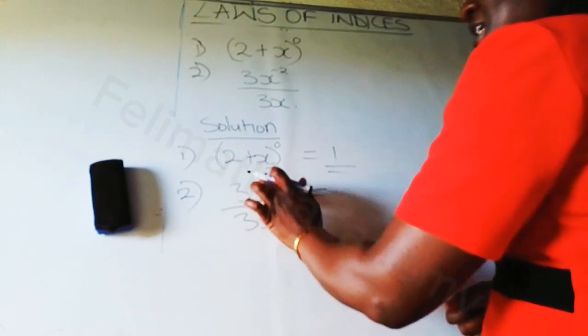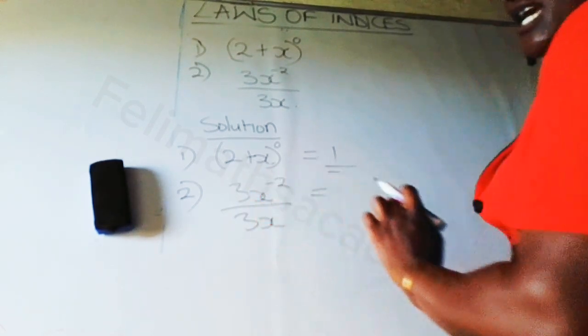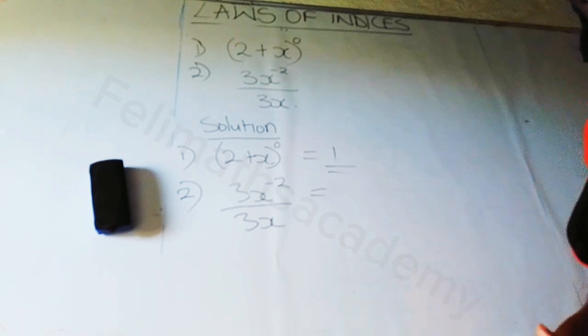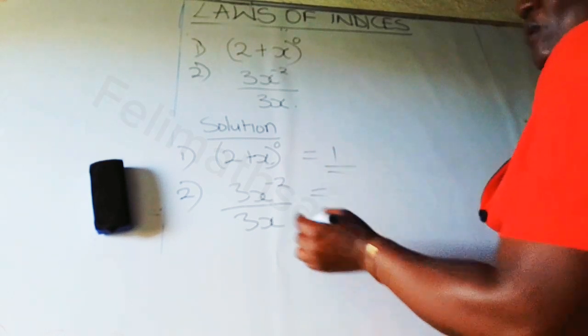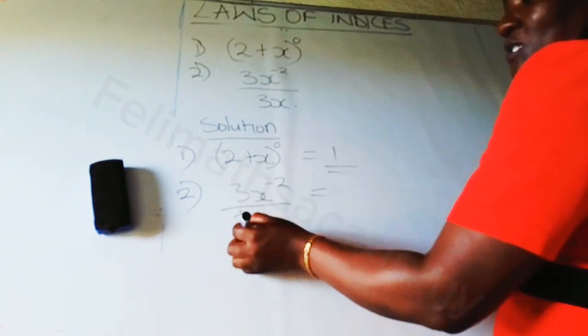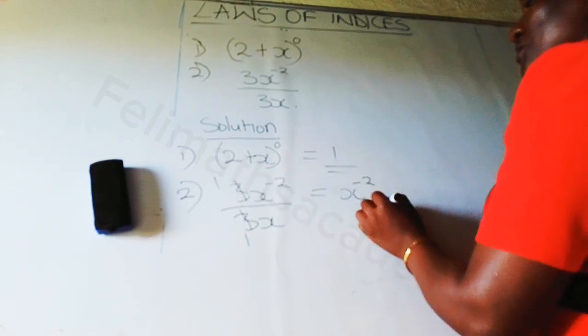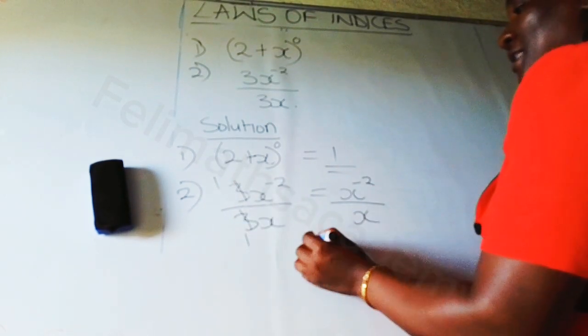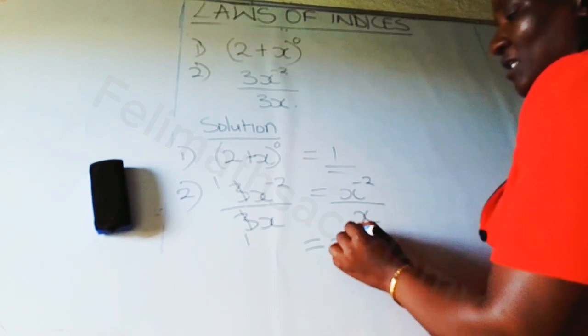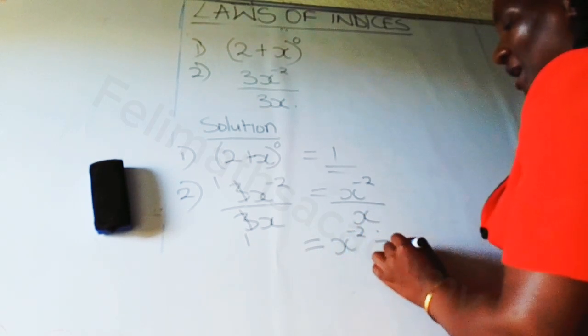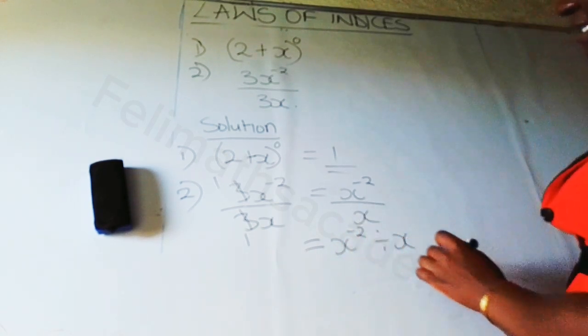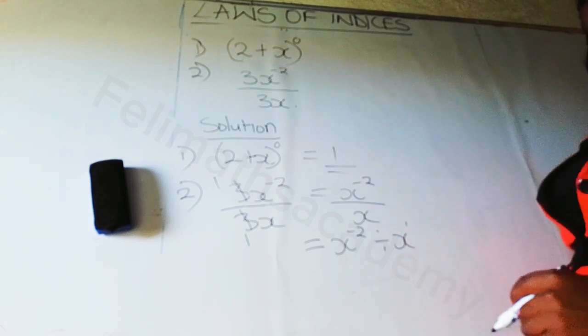So this negative 2 is just affecting our x only. So we can divide the 3 into 3, 1 into 3, 1. So we now have x to the power negative 2 over x. This is just the same as x to the power negative 2 divided by x, and this x is the same as x to the power 1.